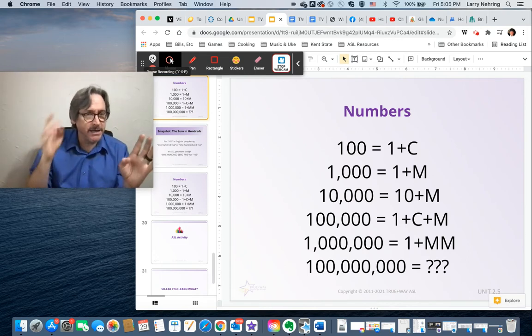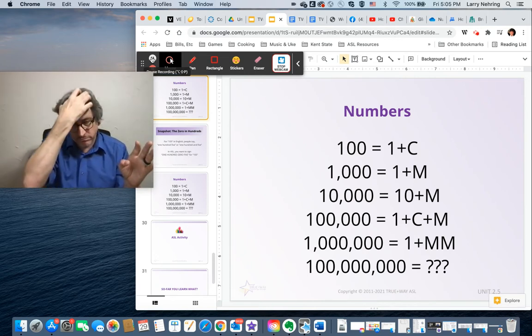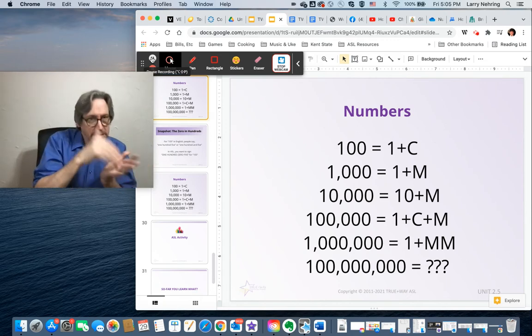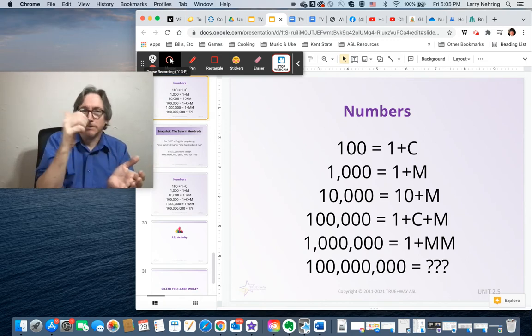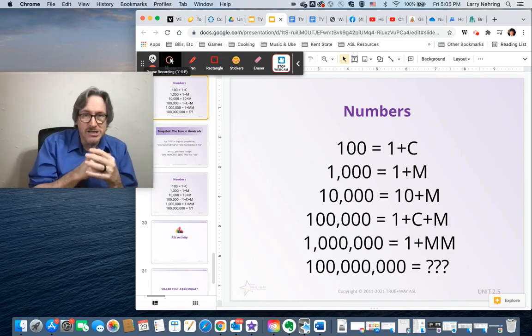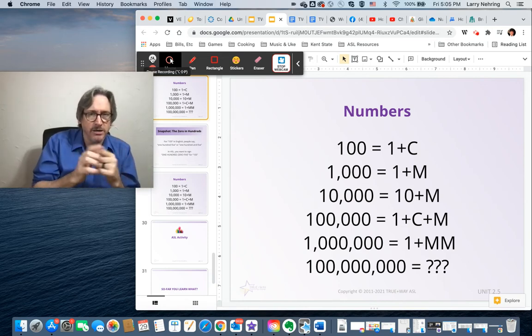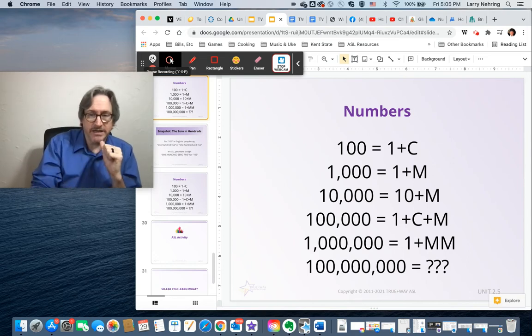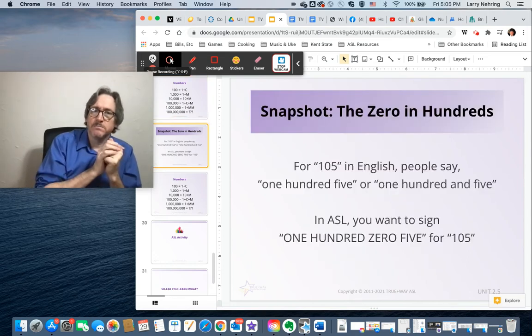So how you say it is how you're going to line it up. So last, how would we sign 100 million? Think about that for a second as I move on to the next slide.